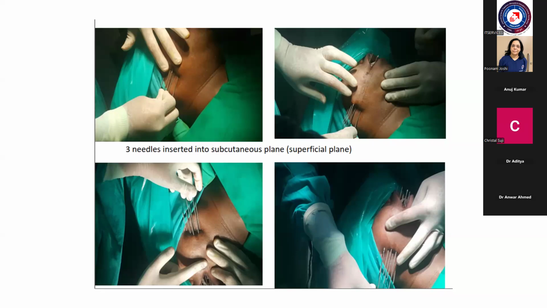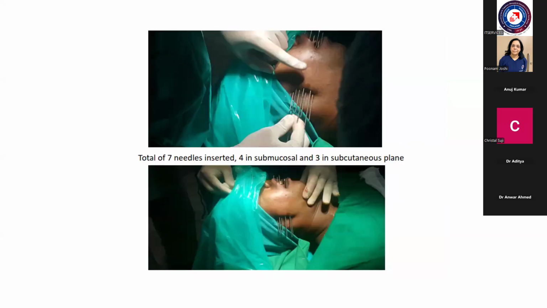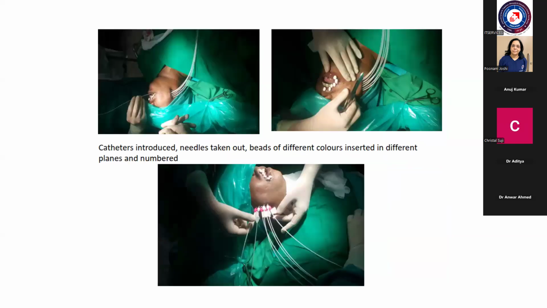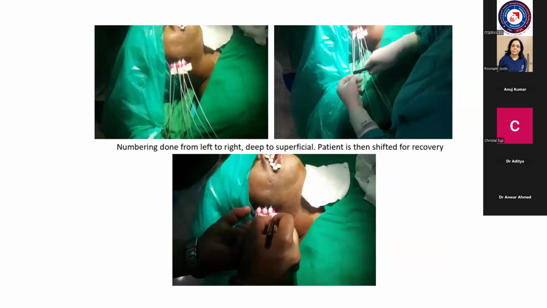So once the catheters are introduced, the needles are taken out, beads of different colors are inserted in different planes and numbered, and numbering is done as a whole in a schematic manner, and the patient is shifted for recovery for further imaging and planning.